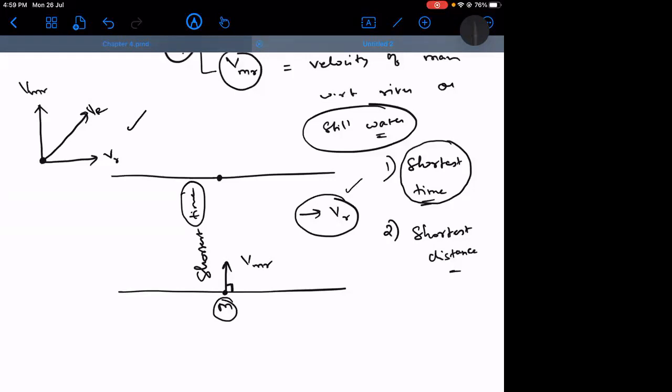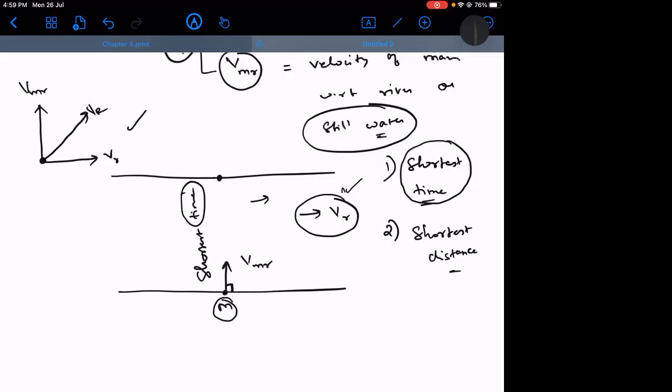See, had the water been still, if VR was 0, then he was supposed to move with that velocity only. He is supposed to put in all the energy so that he reaches the opposite end. But now what is happening? He started moving exactly in the perpendicular direction and the water keeps pushing him slightly so that he will get drifted. Let's see what is going to happen.